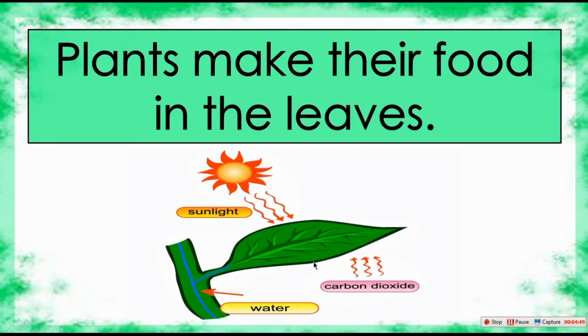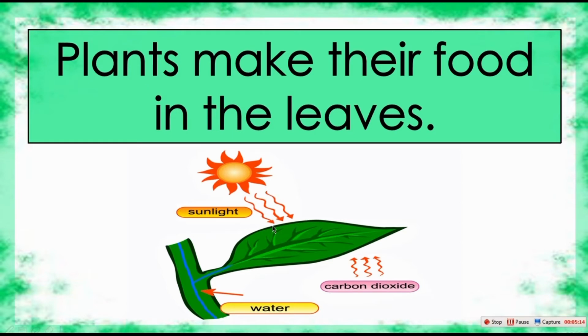Okay, so plants make their own food, and that is what we call photosynthesis. When we say photosynthesis, it is an act of plants on how they make their own food. During photosynthesis, plants trap light energy with their leaves.